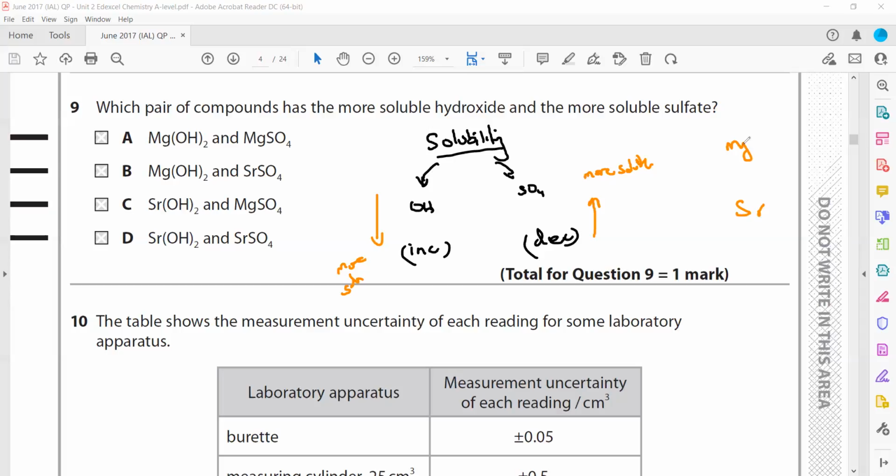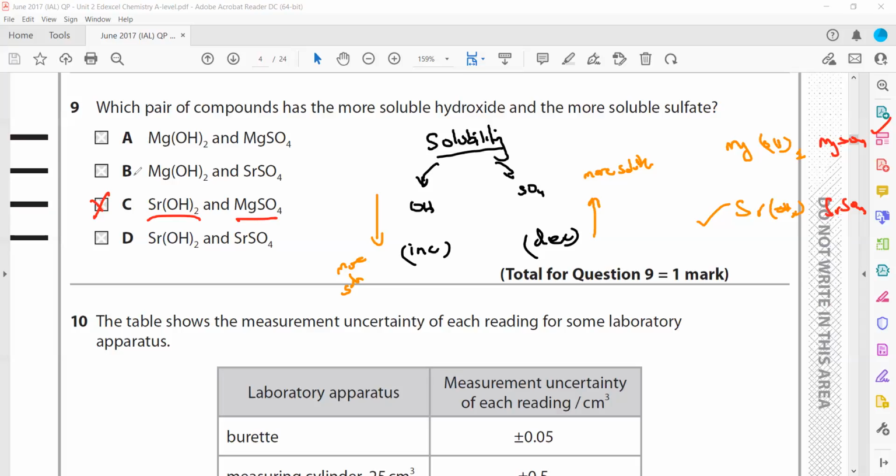Comparing magnesium hydroxide with strontium hydroxide, strontium hydroxide will be more soluble. But comparing magnesium sulfate with strontium sulfate, as we go down the group the solubility decreases for sulfate, so magnesium sulfate will dissolve more. So magnesium sulfate and strontium hydroxide, that's why C is the right answer.